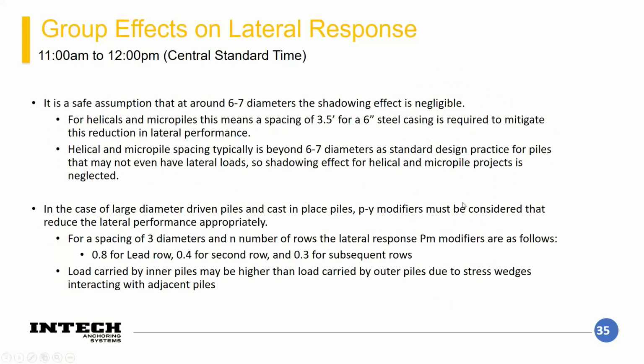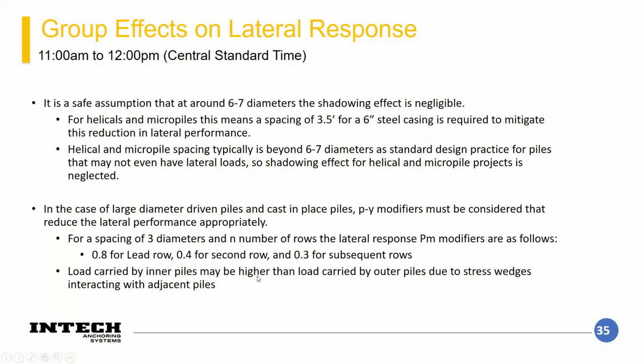Now, the nice thing about helical piles and micropiles is that the shadowing assumption is basically negligible after 6 to 7 shaft diameters. For traditional micropile and helical pile design, we're already out past those 6 to 7 shaft diameters, so the effect of that shadowing is basically nullified.